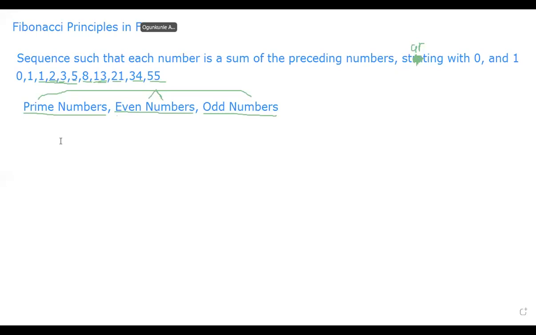When we come to understand this, it forms the basis for our understanding, and that's why every trading platform comes with a number of inbuilt tools called the Fibonacci tools.